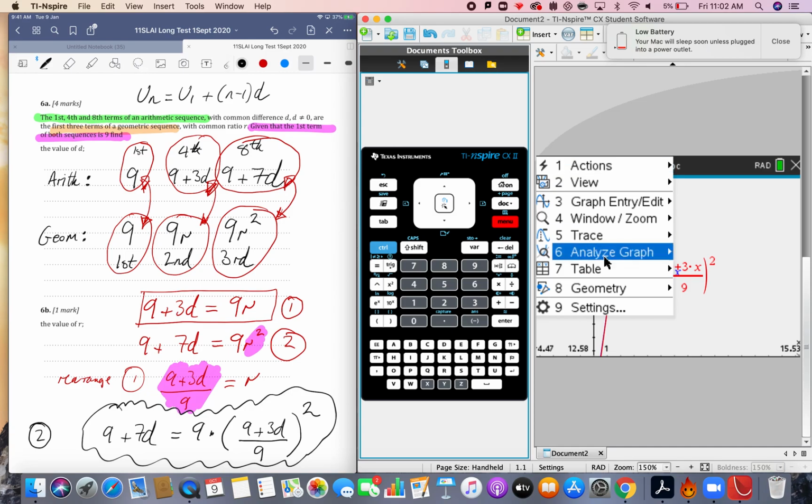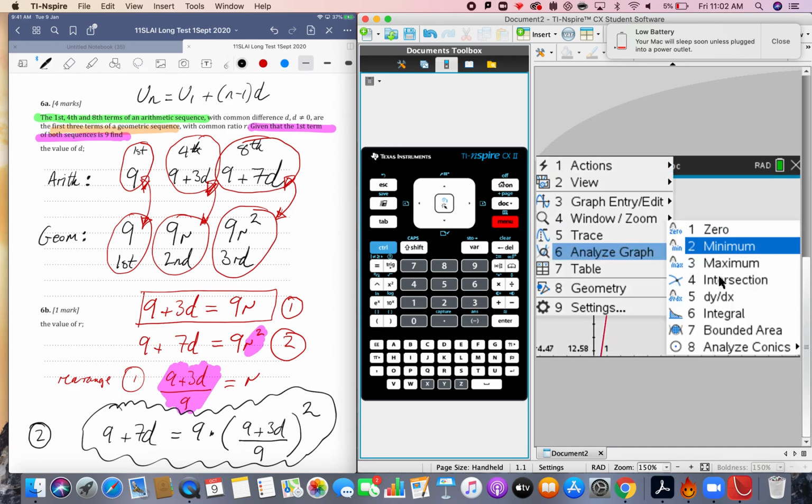Menu, analyze graph, intersection. Okay, so it looks like I've got a solution here. Now remember, we're looking for d here, and it looks like it comes out that d equals 1.